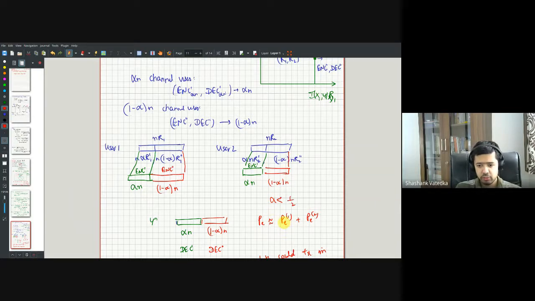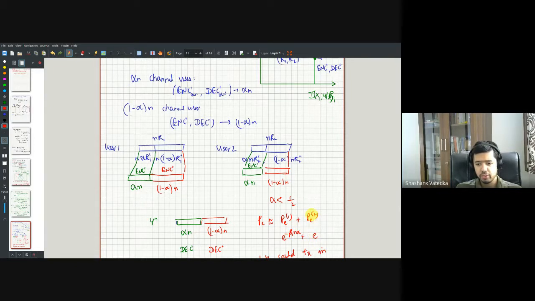As we've seen, the probability of error of decoding the first block decays exponentially, as e to the minus beta 1 alpha n, where this beta 1 depends only on the rates and probably the channel.